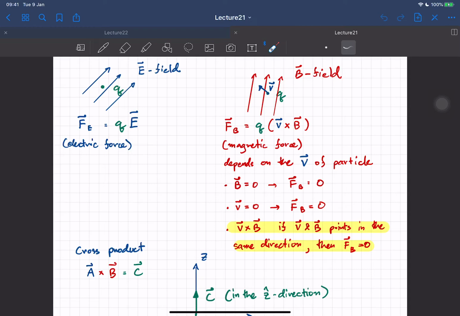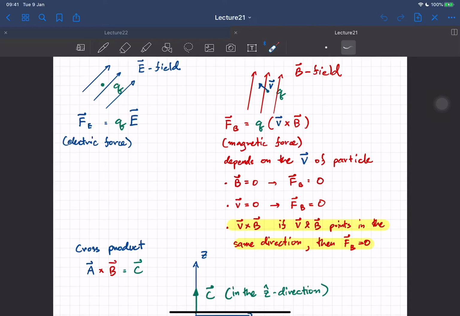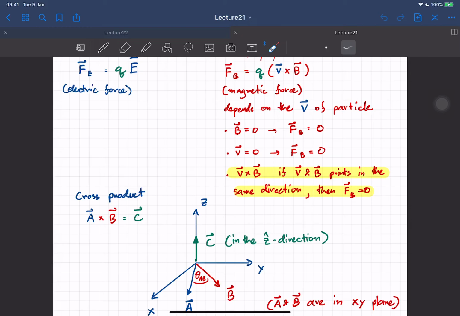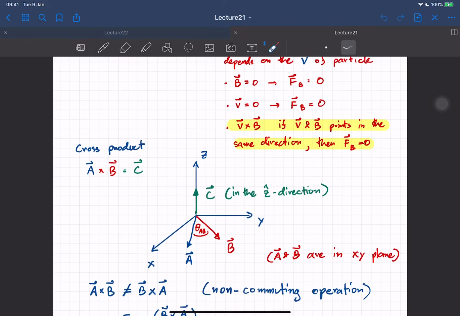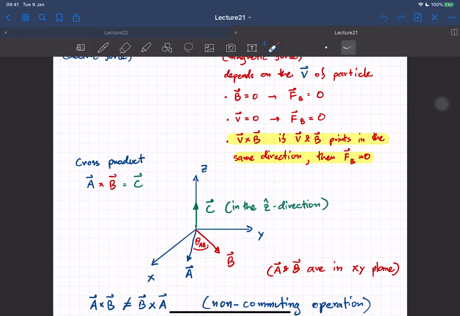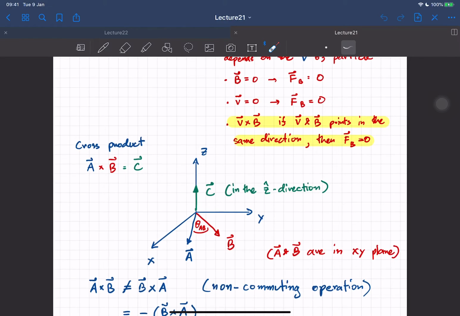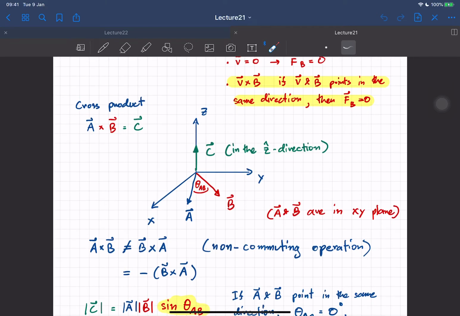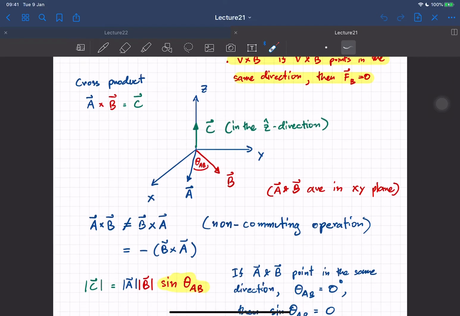So magnetic force is quite complicated in this sense. To understand this, you need to understand the cross product, which I'm not going to talk too much about because hopefully this is something that all of you have studied before.